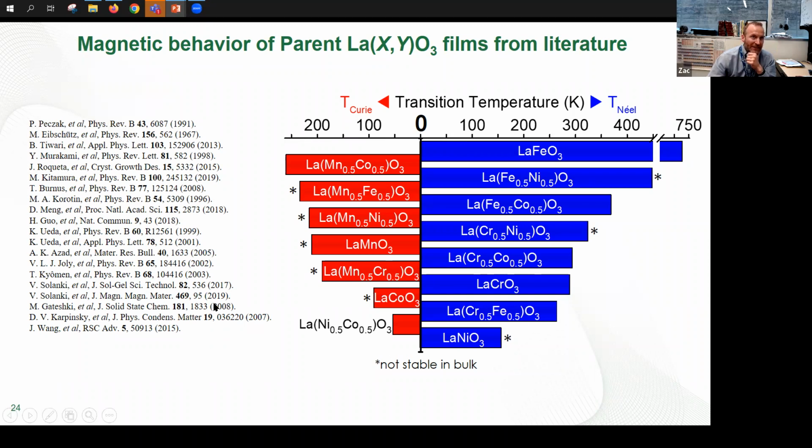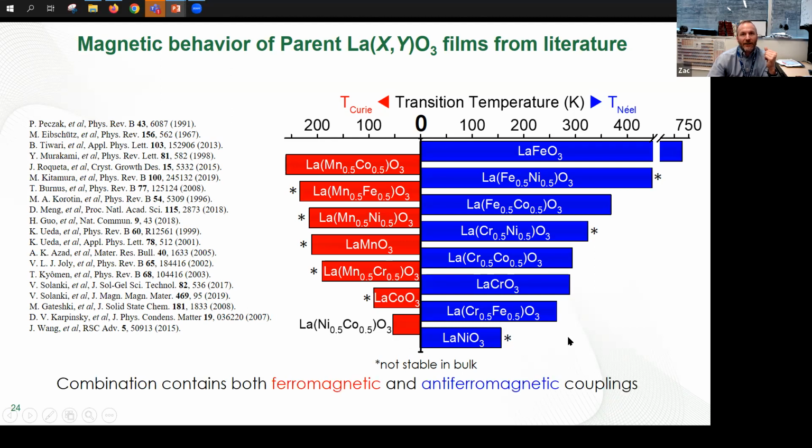So he did this amazing literature search and pulled out what he thought were his best guess at what the exchange interaction and the charge states would be. You can see that in the parents, we have both antiferromagnets, with Néel temperatures over here, and ferromagnets with Curie temperatures. So we very clearly have a combination of cations that have both ferromagnetic and antiferromagnetic couplings in this system.